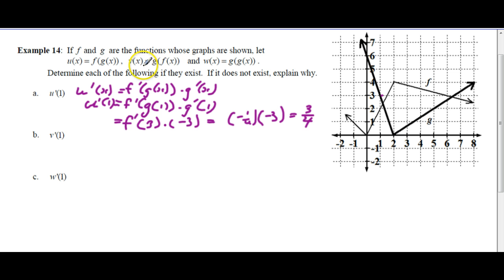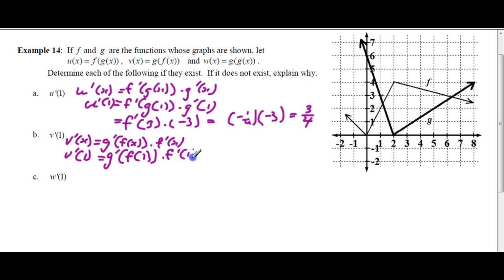v prime of 1, so v of x is g of f of x. v prime of x is g prime at f of x times f prime of x. v prime of 1 is g prime of f of 1 times f prime of 1, which is g prime.